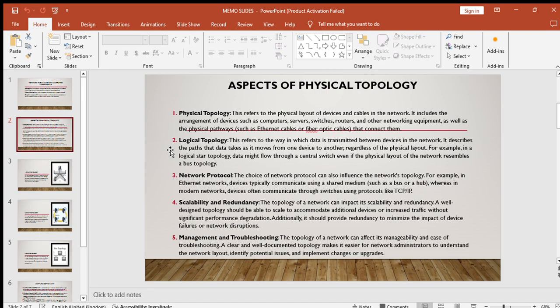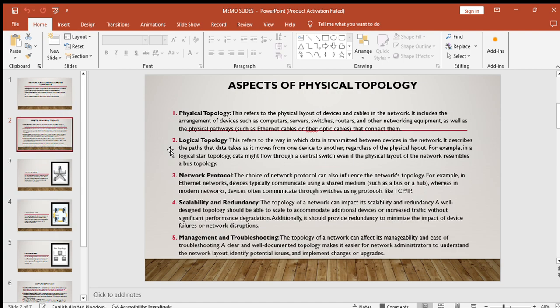The fourth is scalability and redundancy. The topology of a network can impact its scalability and redundancy. A well-designed topology should be able to scale to accommodate additional devices or increased traffic without significant performance degradation. Additionally, it should provide redundancy to minimize the impact of device failures or network disruptions.